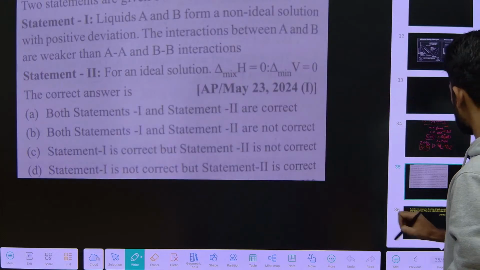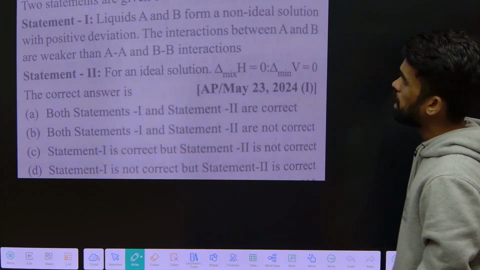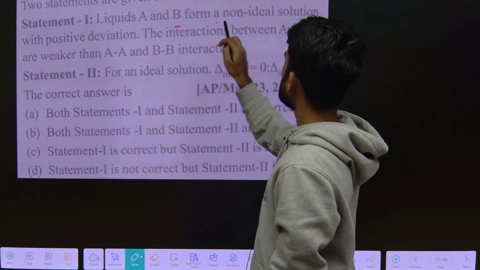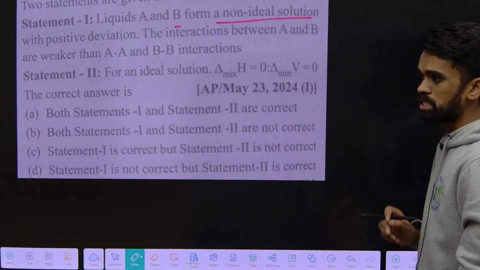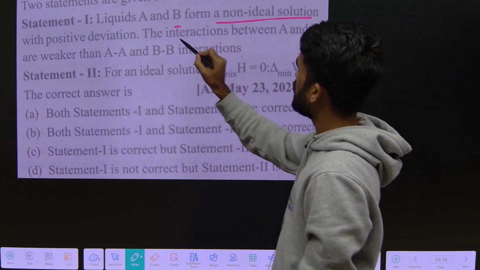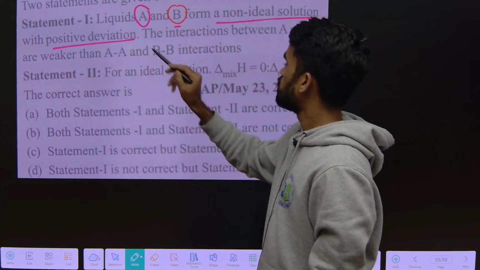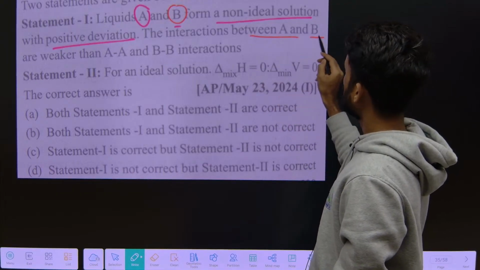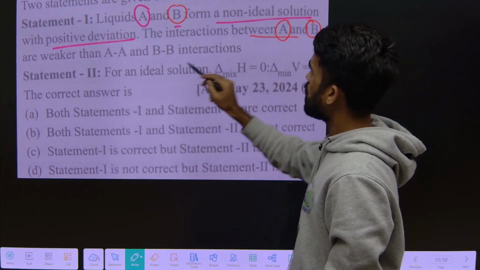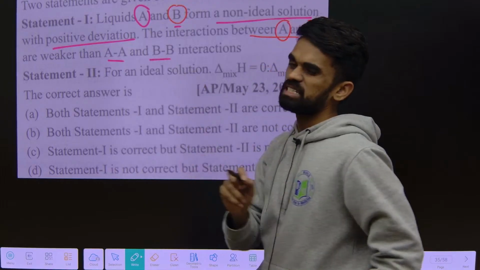Read this question once. Look at what they are saying. Liquids A and B form a non-ideal solution with positive deviation. So the interactions between A and B are weaker than the AA and BB interactions. Yes, this is correct.